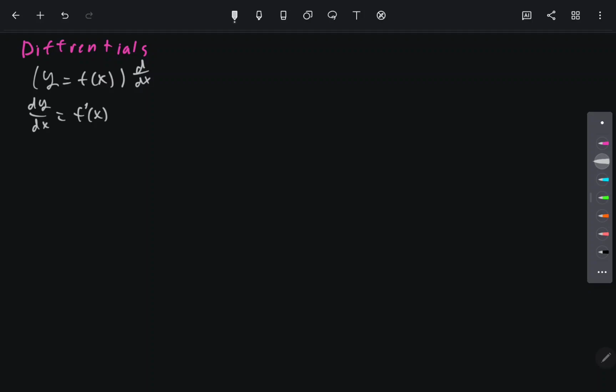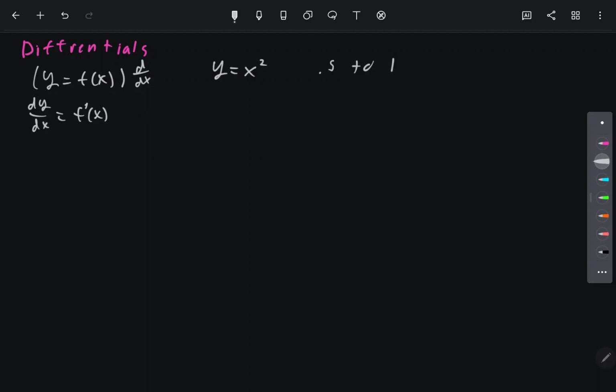Let's say that I have a function y is equal to x squared here, and I want to know how much this changes from, let's say, 0.5 to 1. How much is our y value changing from 0.5 to 1? Well, our derivative actually gives us a way to do this.